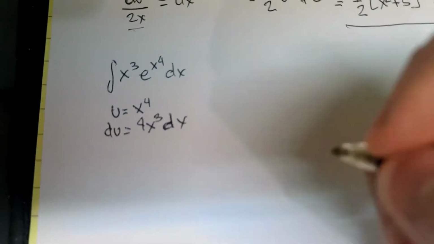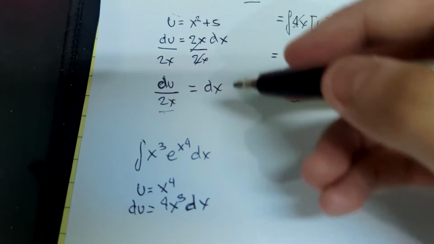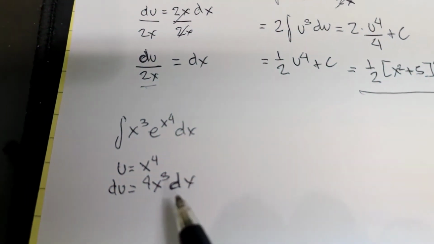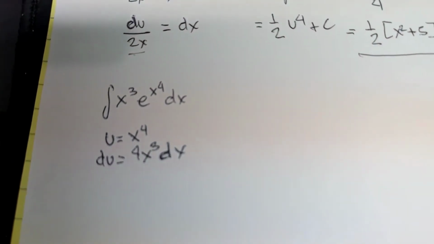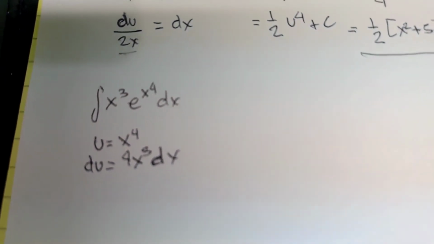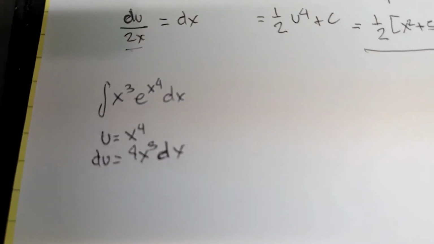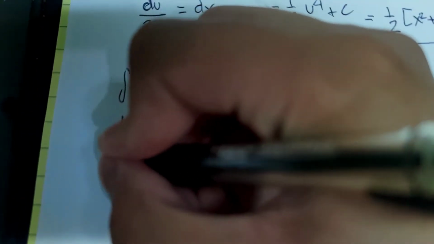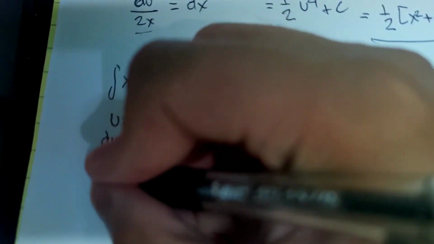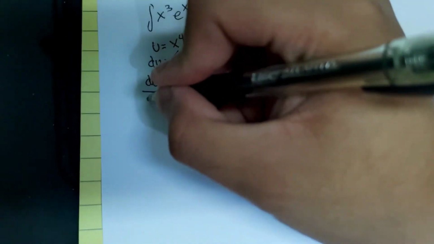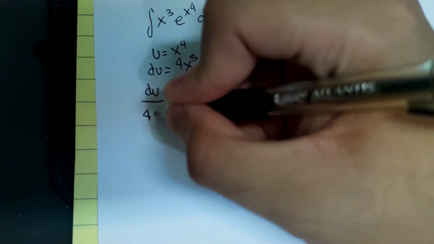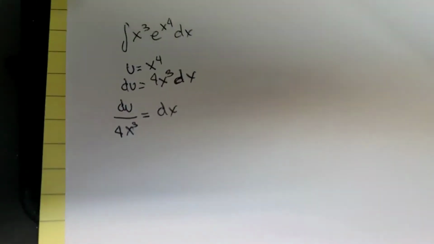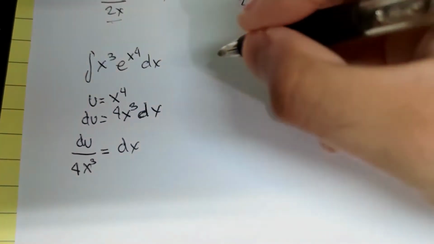So again, we'll use the same approach here. We'll isolate dx. I recommend you isolate dx so you can't make a mistake later on. So du over 4x cubed equals dx. So let's solve this.